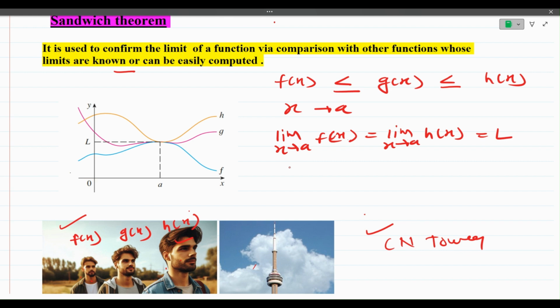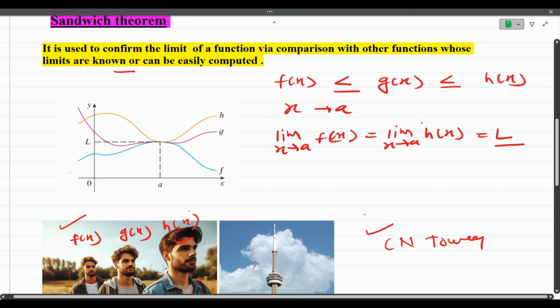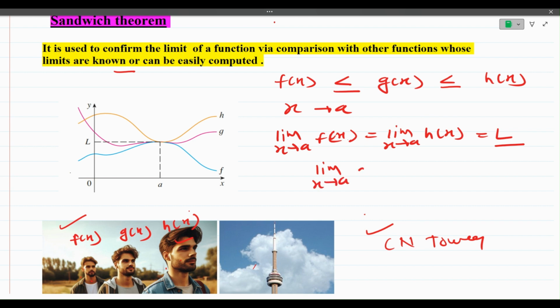So by the sandwich rule, we can say that, because at a the limit of f of x and h of x gives the same result, and g of x is between f of x and h of x, by comparing, the limit as x tends to a of g of x is also equal to L.